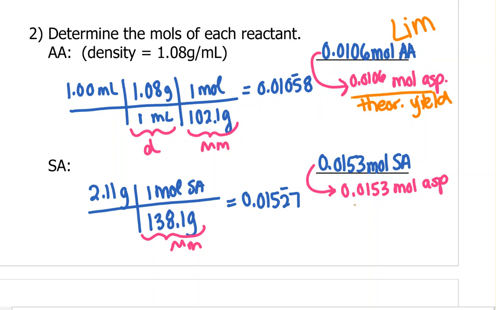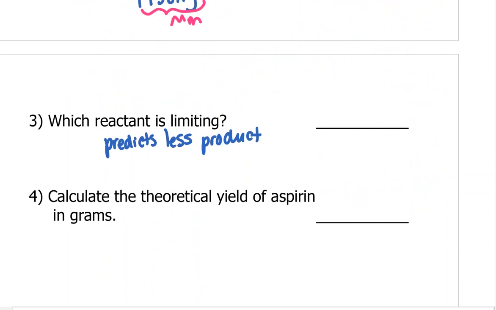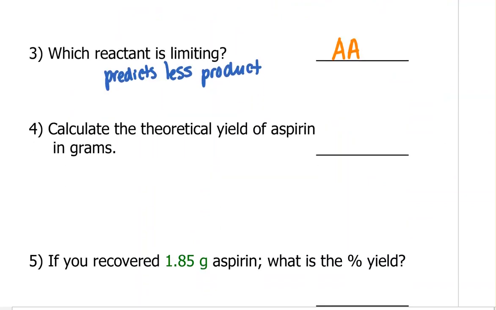And salicylic acid is the excess reagent. It predicted the higher amount of product. So we decided that it was the acetic anhydride. And then we're going to calculate the theoretical yield of aspirin in grams.